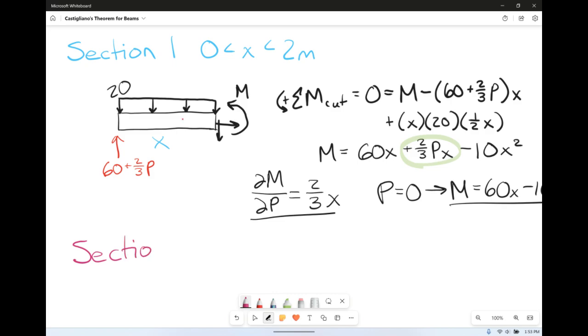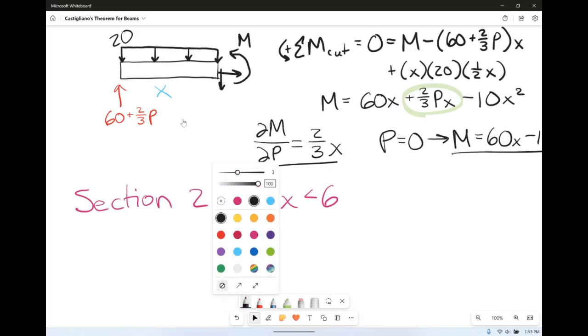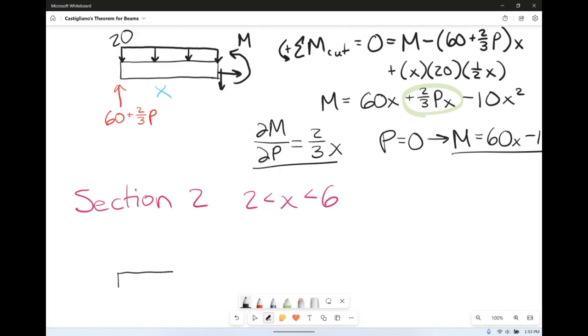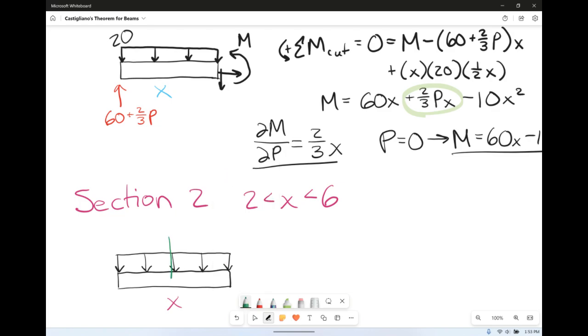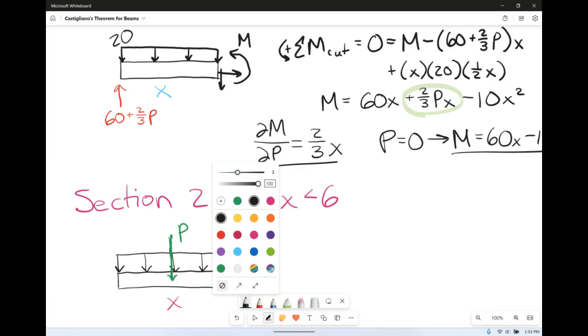For section 2, we're going from 2 meters to X to 6 meters. So we have to draw a new little free body diagram here. Overall distance, we have X. We have our given load. Then we actually did pass P. The given load was 20 kilonewtons per meter there.